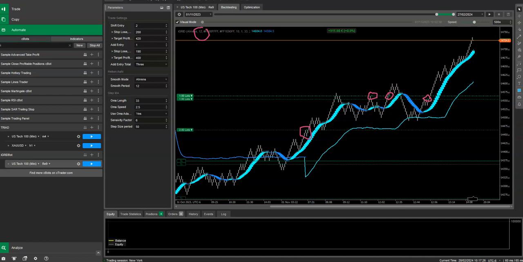So anyhow, this got an initial entry. It added the maximum amount possible, 3. It's in a running trade. The trades would conclude at any point they hit a hard target. We set the hard target for the adds and for the original entry, or at the next flip point, the shift point.